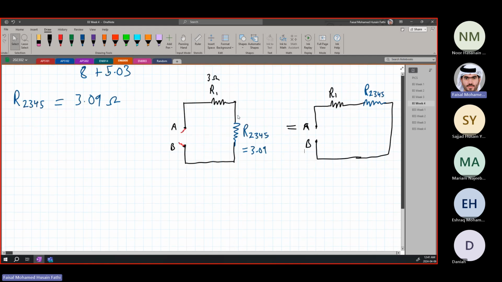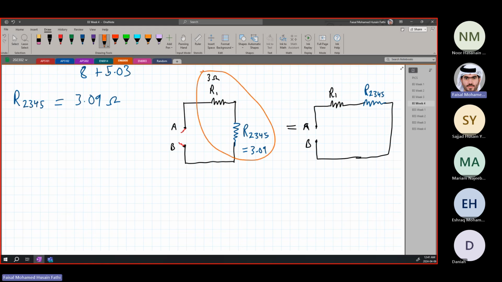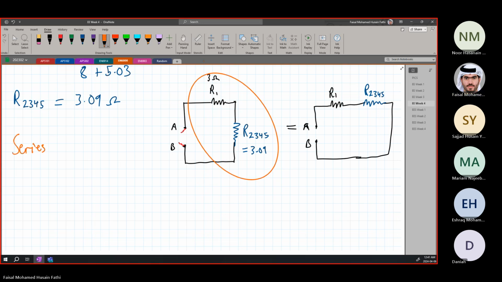So now we have one last pair of resistors. They are in what? In series. Pretty sure everyone can see that they are in series. If you don't know why these are in series, you should let me know from now. Series, R1 and R2, 3, 4, 5.